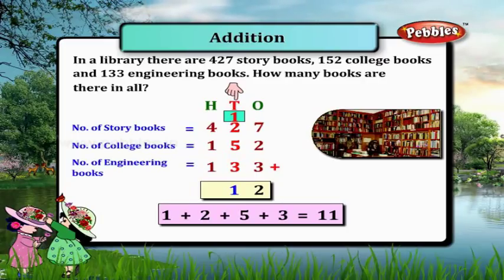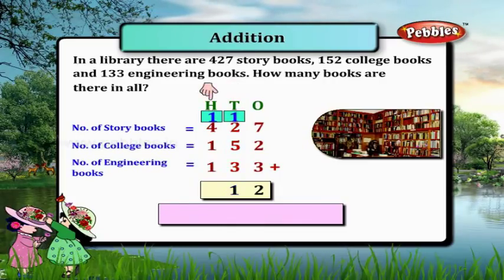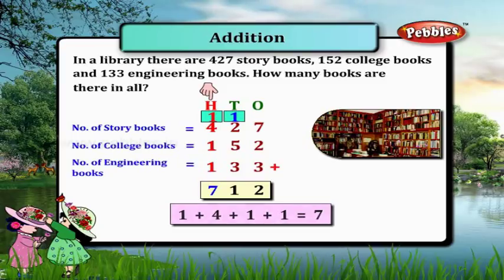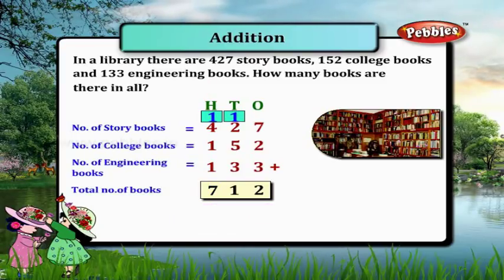Write 1 in the tens column and carry over 1 to the hundreds column. Now add the hundreds. 1 plus 4 plus 1 plus 1. That is equal to 7. Write 7 in the hundreds column. So total number of books in the library is equal to 712.